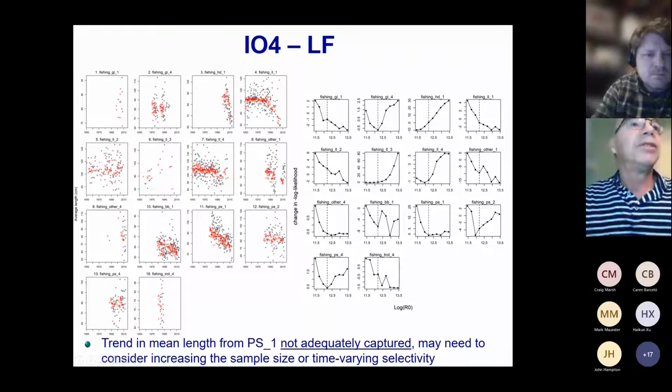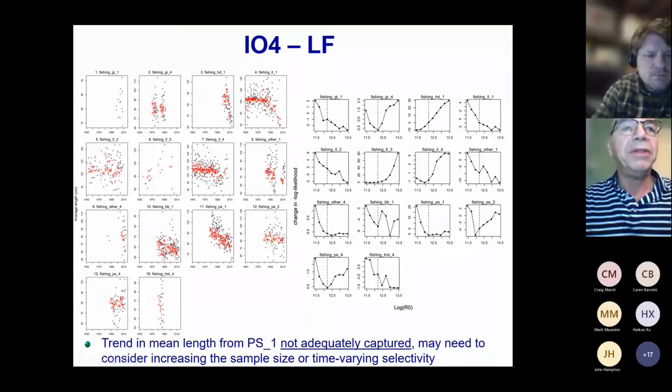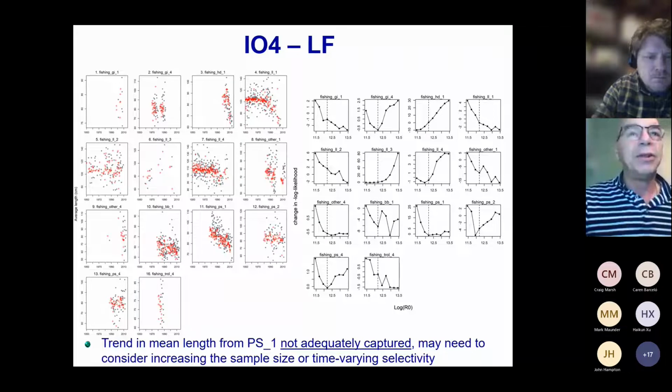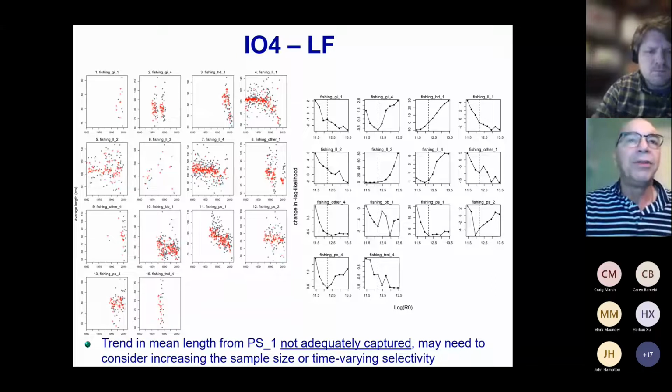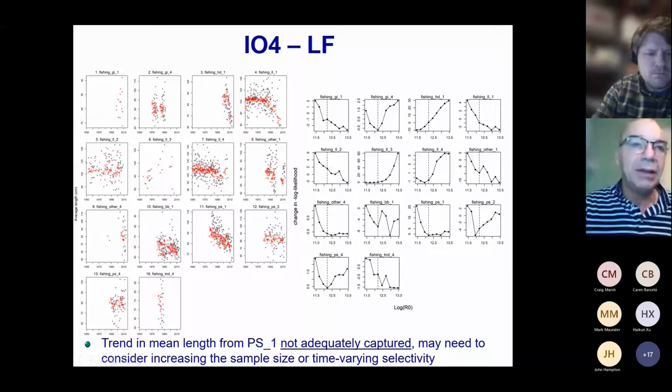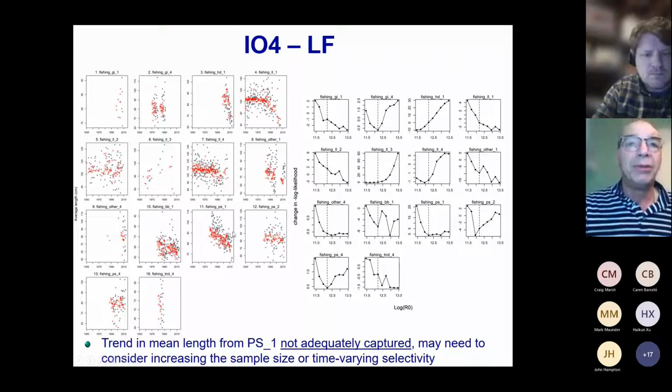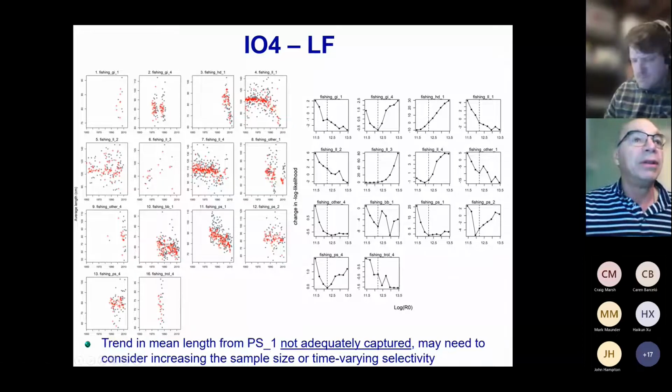In some cases, like PS1, let's go to that one down here, there's some pattern in the deviations, and there's at least one of the others that was not as close as I would expect it to be. But again, we're dealing with a pretty small sample size, and so the recruitment penalty and the tag data are going to be pretty influential here, potentially more influential than a sample size of 5.